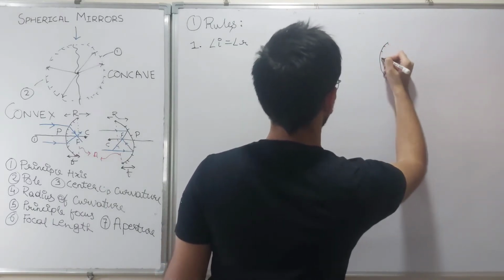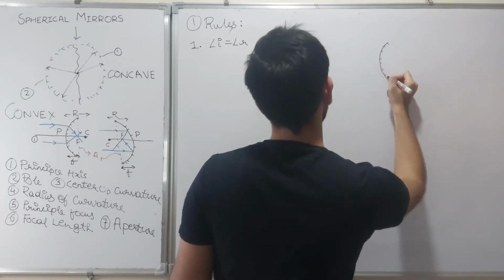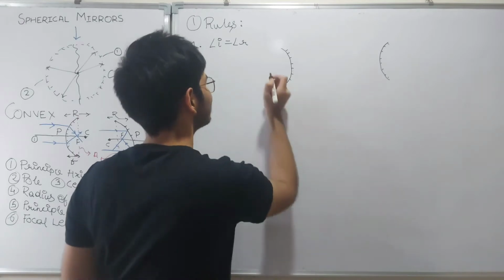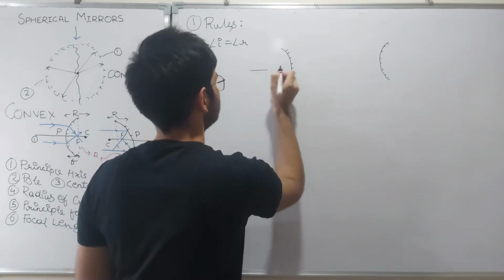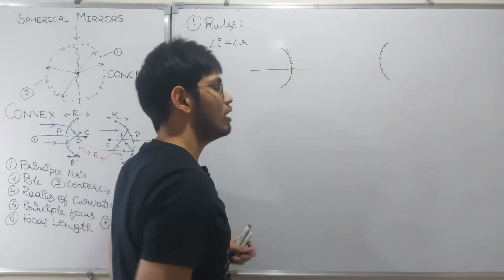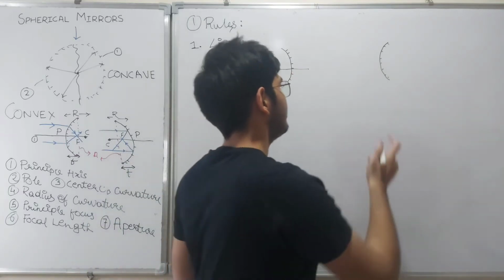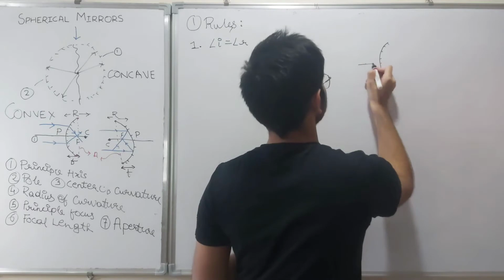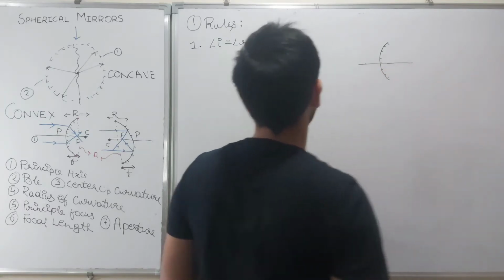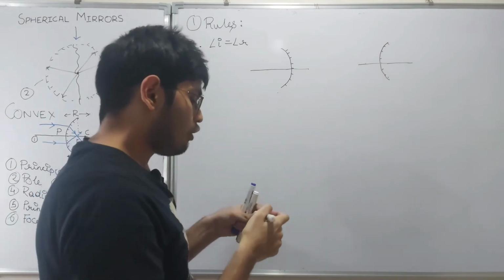So this is a convex mirror. The first thing that we have to do is draw a principal axis. This thing is new for you, that's why I am going with the very basics. In this case also, draw the principal axis. So we have just drawn the principal axis for both of them, and now what we are going to do?